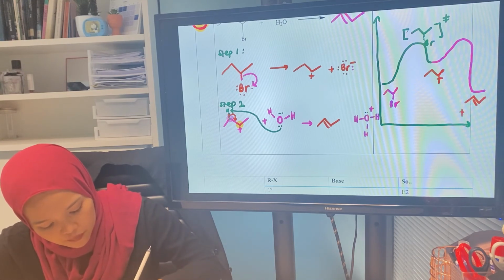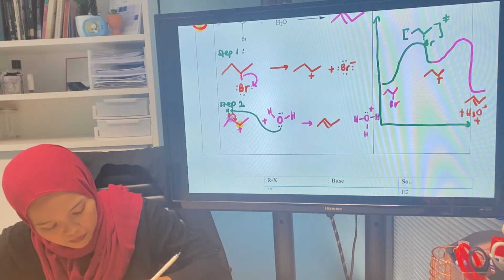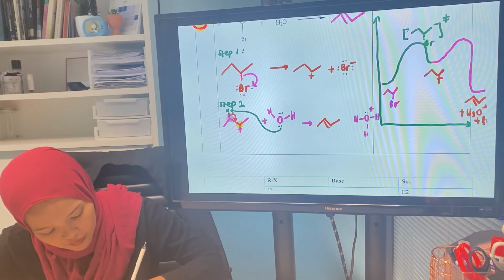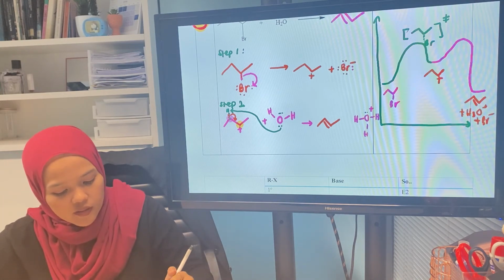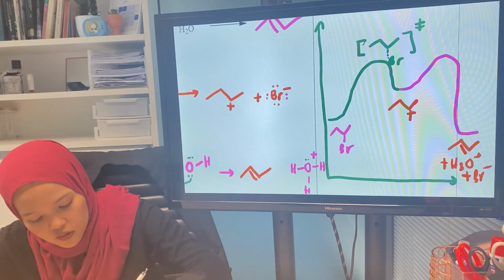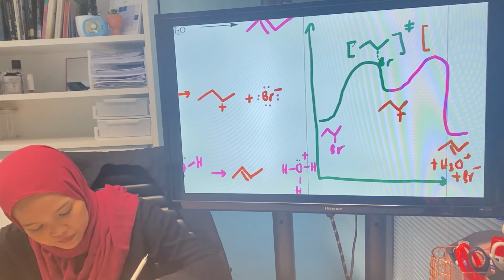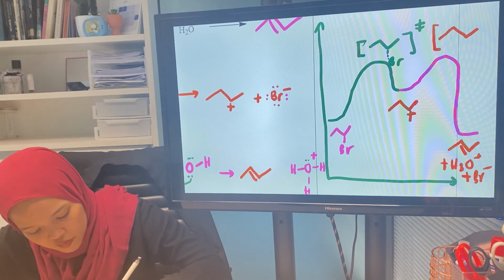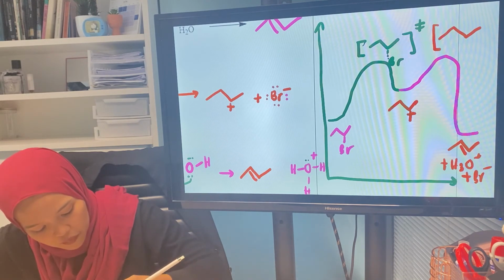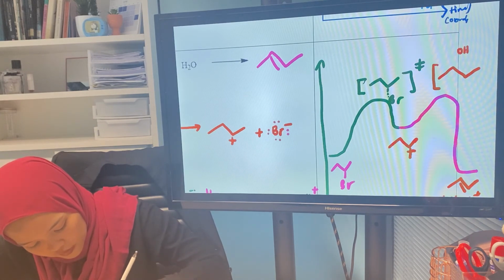You can write the product and the byproducts H3O plus and Br minus. At the hill here, the transition state, you see what is going to form: there will be an H2O, OH2.